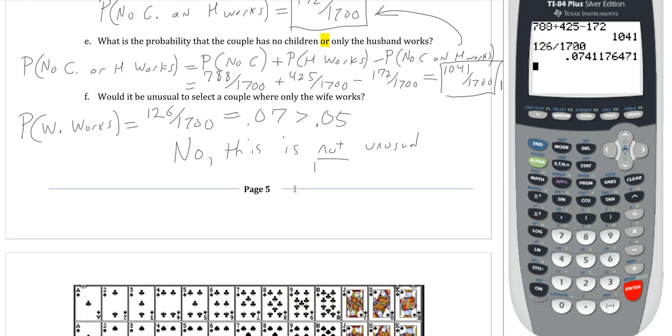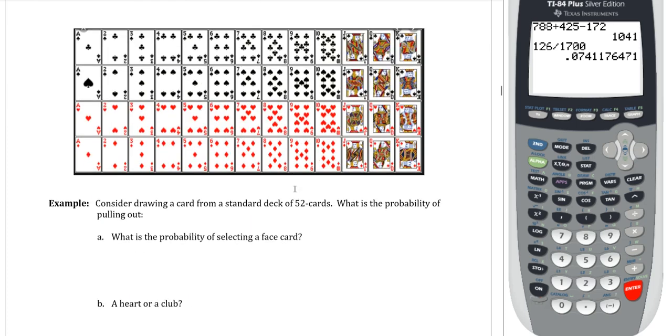Next, on the next page we have a printout for a deck of cards. We'll be using some questions with decks of cards, so this is going to be a nice printout to understand what's going on here. There are some things to help you if you have not seen decks of cards before.